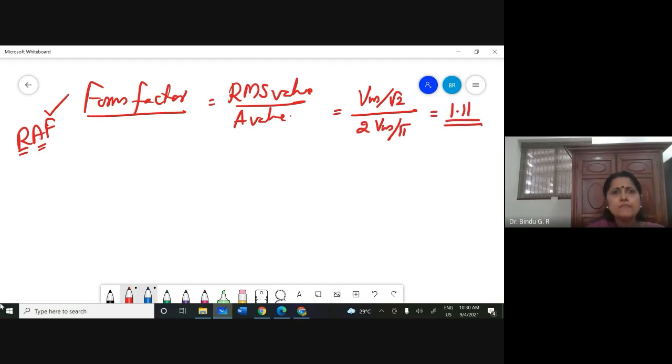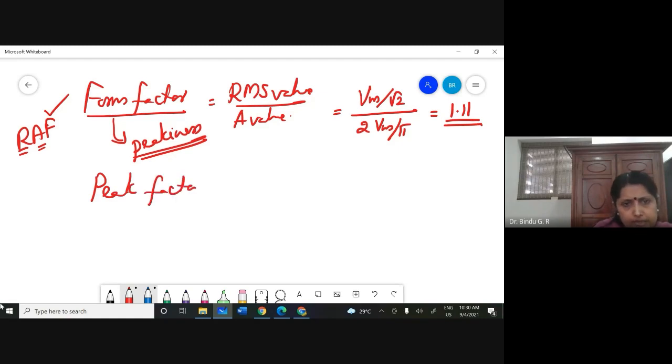This is very important. Form factor is an indication or a measure of the peakiness of the waveform. Peakiness means if it's a triangular waveform, form factor will be higher, and so on.